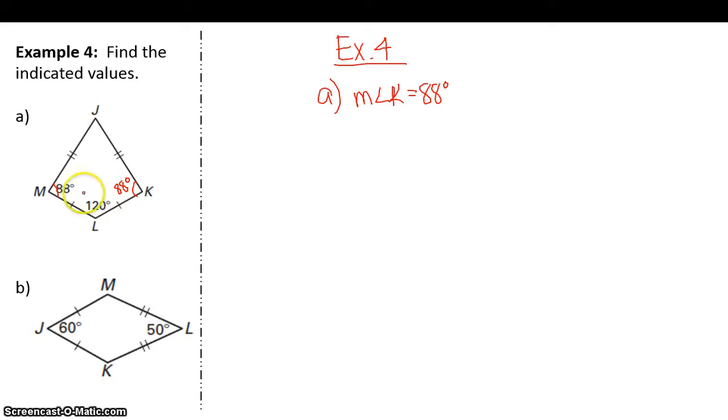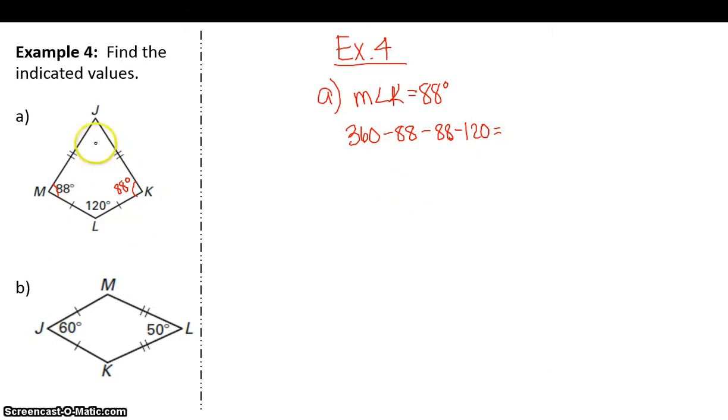Okay. All right, and then what should the sum of any quadrilateral be? If I added up the 4 angles in any 4-sided figure, how many degrees should that come out to be? 360. So if I added 88 plus 120 plus 88 and subtracted that from 360, or you can do 360 minus all those angles, I'll write that out so you can see what I'm doing.